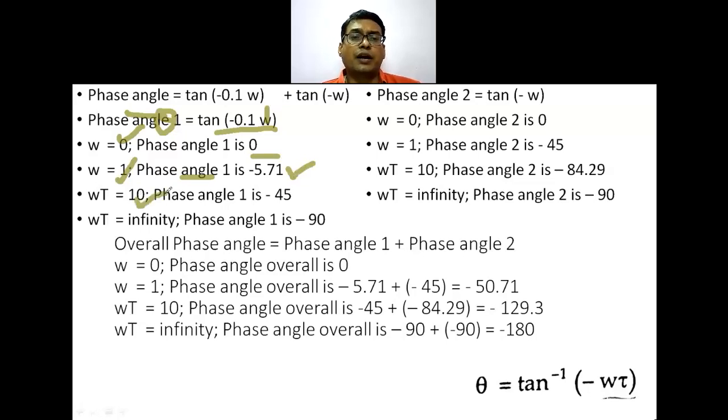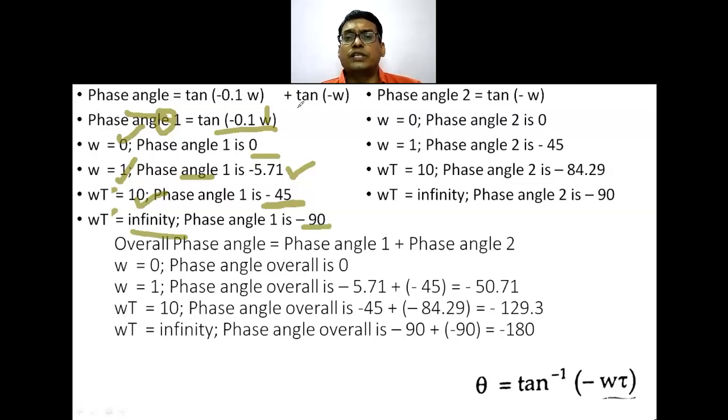Substituting omega equal to 10, the phase angle comes as minus 45. So similarly for infinity, the phase angle comes as minus 90.